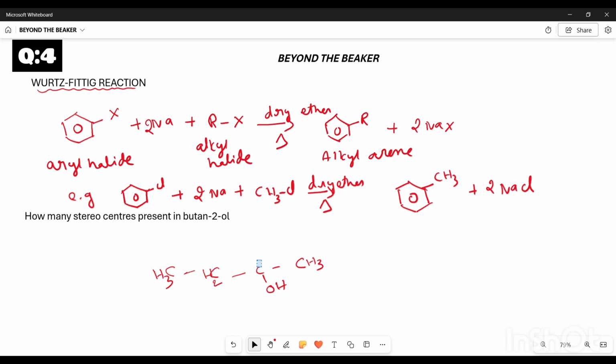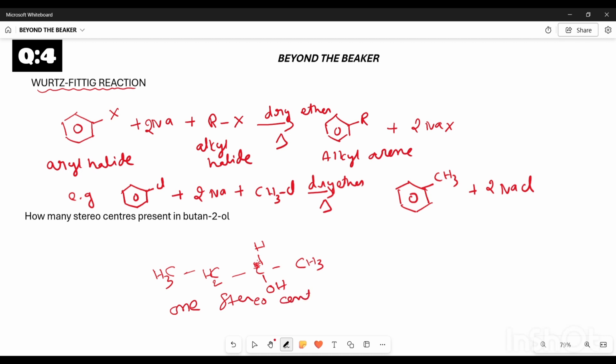Observe here, this carbon atom is surrounded by 4 different groups: one is H, another is CH2CH3, another is CH3 and another is OH. Here you have only one asymmetric carbon atom. So this butan-2-ol contains only one stereo center.